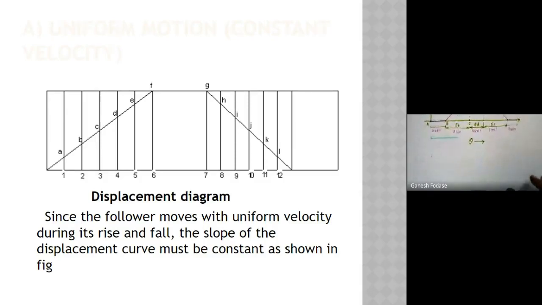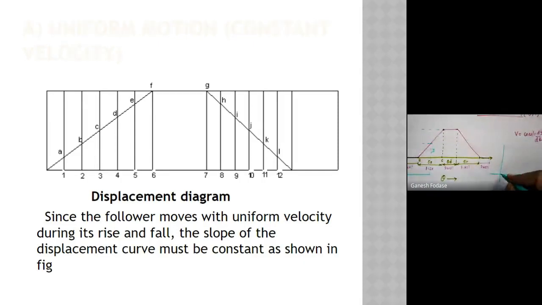Now let's consider the slope of the diagram during rise. When the angle is 0, the displacement is 0. At any angle theta, the displacement of the follower is y, while at angle theta O, that is outstroke, its displacement is s.